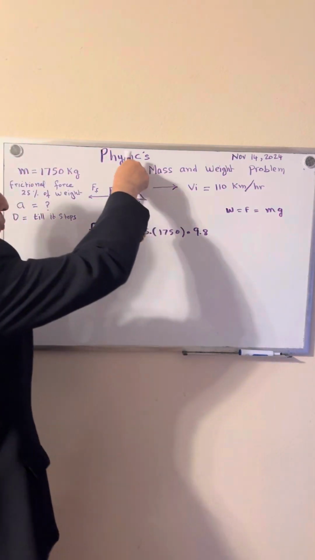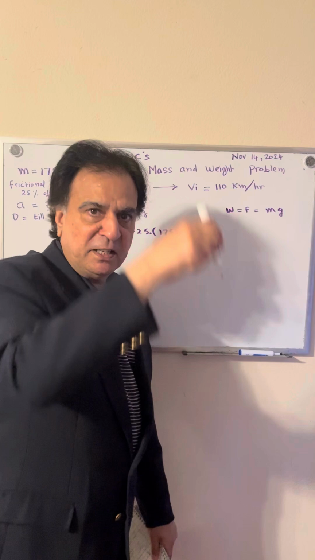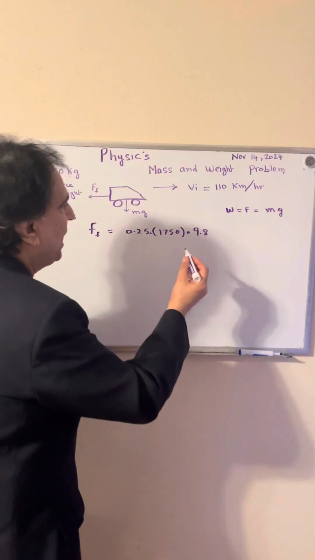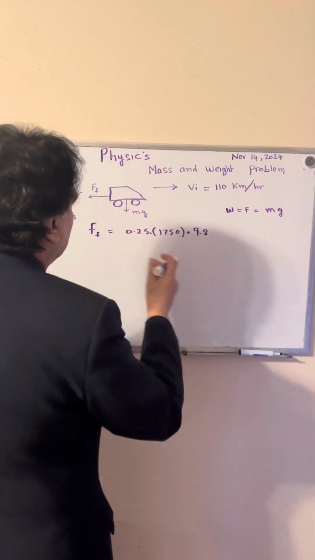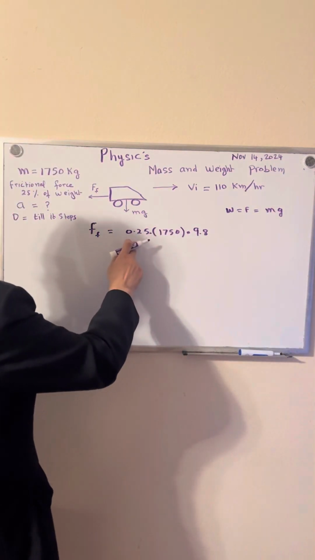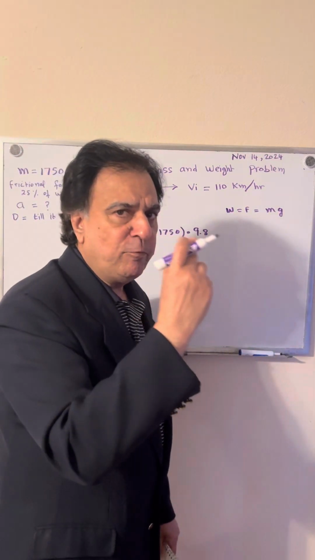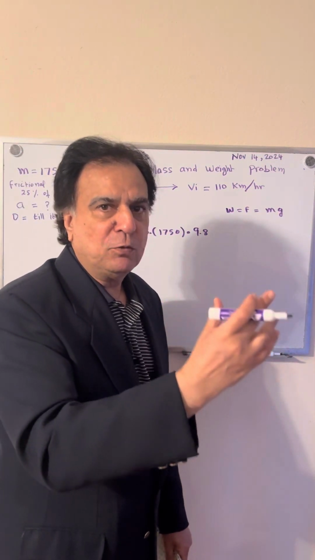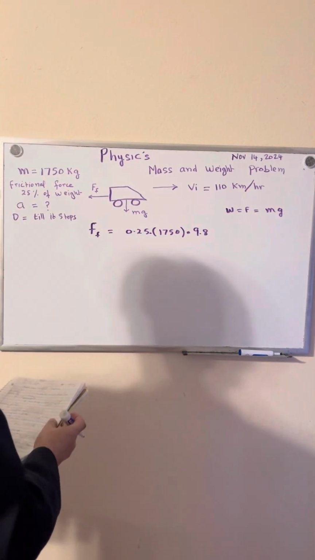Now weight is pulling the car downwards. The gravity is acting downwards, so that's why I have 9.8 with a plus sign. And given is that the frictional force is 25% of the weight of the car. So then this is the frictional force.